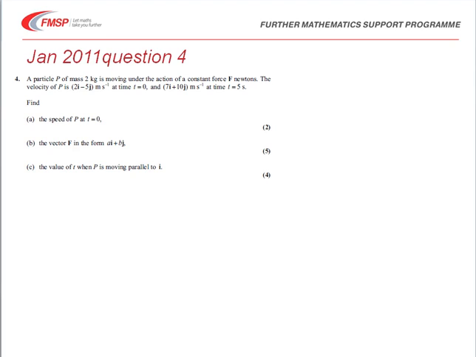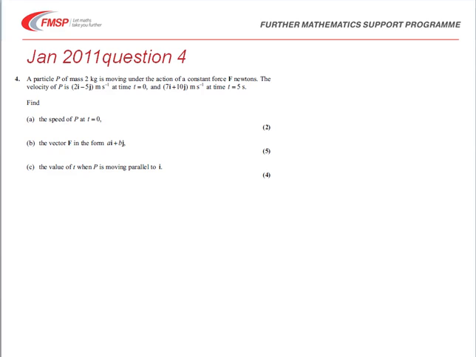The second question I want to look at comes from the January 2011 paper. This one says that the particle of mass 2 kilograms is moving under the action of a constant force F newtons. The velocity of P is 2i minus 5j meters per second at time 0 and 7i plus 10j at time t equal to 5.